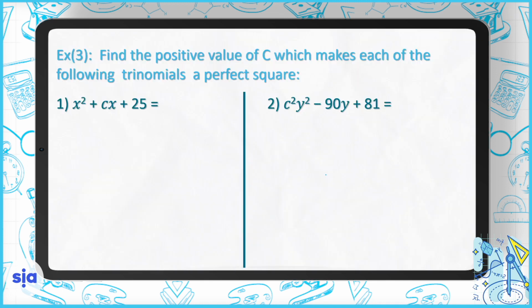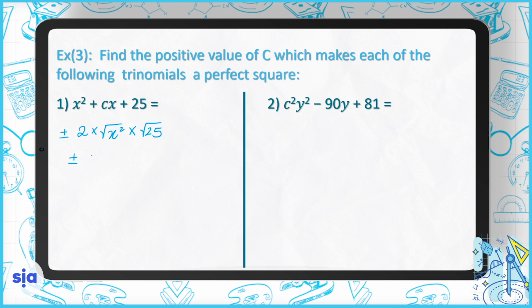And now, another type of question is to find the positive value of c that makes this trinomial a perfect square. For question 1, the question here has c in the middle term. In order to find the middle term, it is positive or negative 2 multiplied by the square root of the first term multiplied by the square root of the third term.